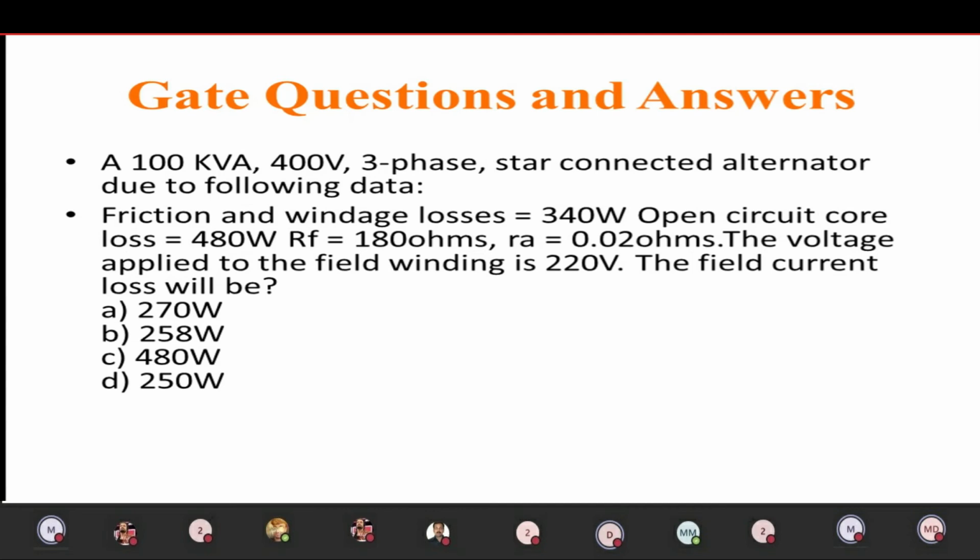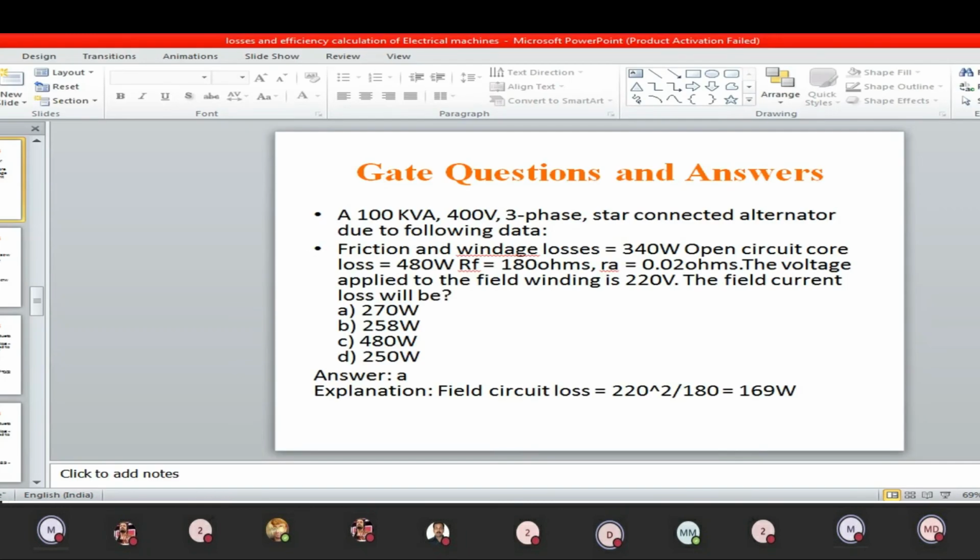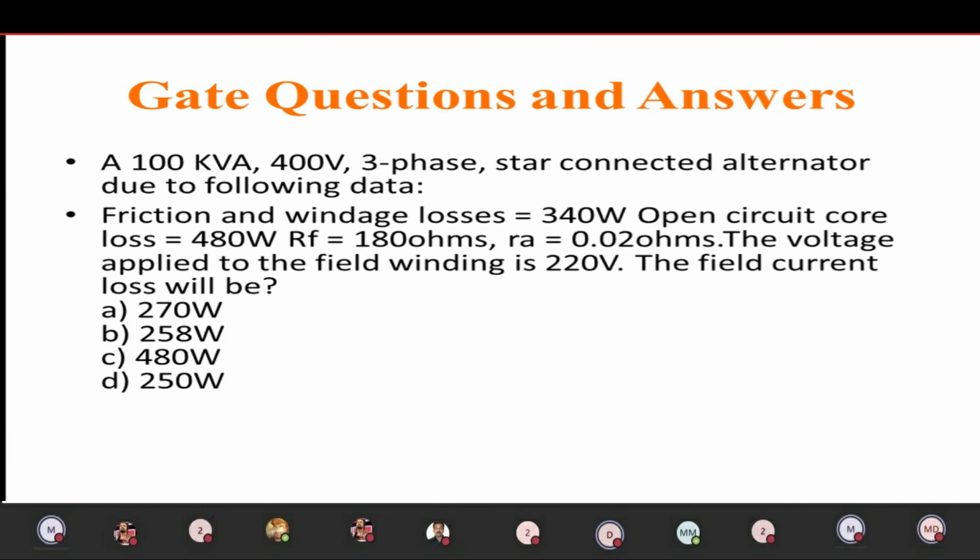Then with the same data we have a different problem. A 100 kVA, 400 volt, 3 phase star connected alternator has the following data.